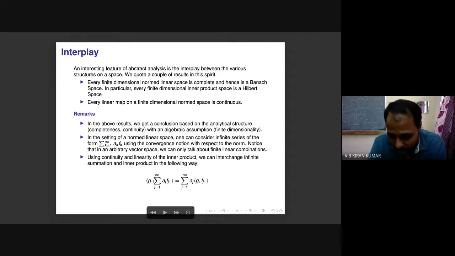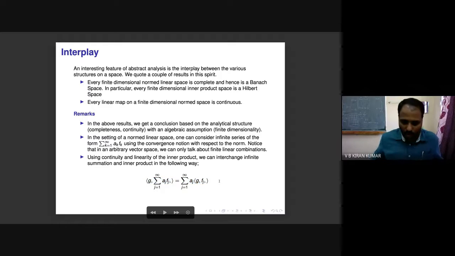Now I already mentioned that the inner product is continuous. So you can take the limit outside. Then what remains is a finite linear combination. And using linearity, that finite linear combination you can take out. Then again apply the limit, and you will obtain this. So this is possible in an inner product space. You can bring the infinite linear combination outside. Is that clear to all of you?